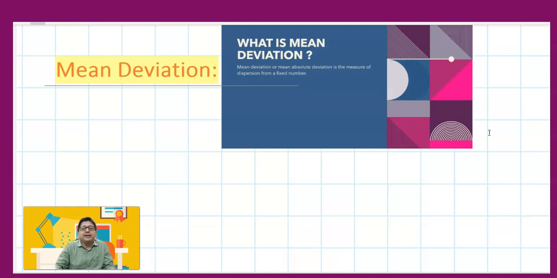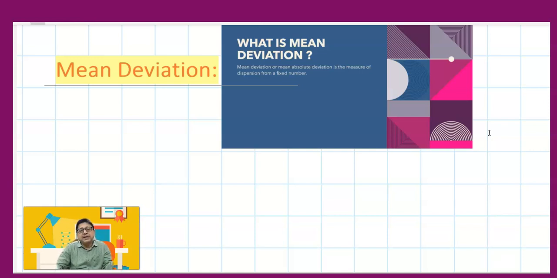But normally all measured values are a little bit deviated from the mean. Similarly, they may be deviated from the median, or from the mode. That's why we calculate mean deviation about the mean, about the median, about the mode if it is required.